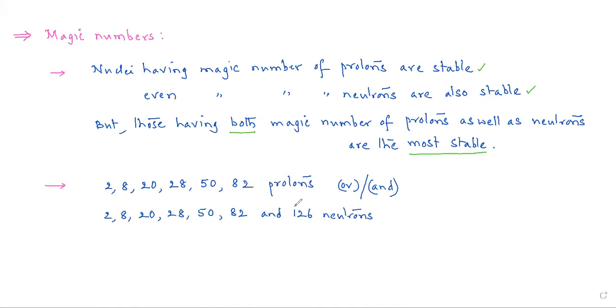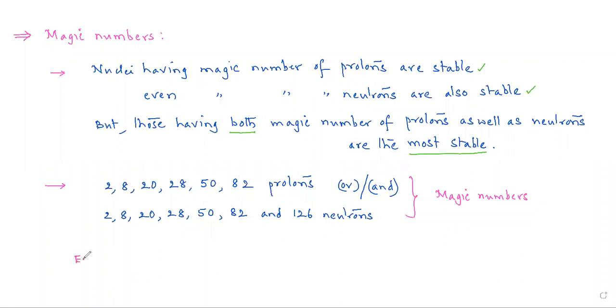Of course, we don't have anything with 126 protons as of now in the periodic table. These were actually found to be the most stable nuclei. So these are called magic numbers.